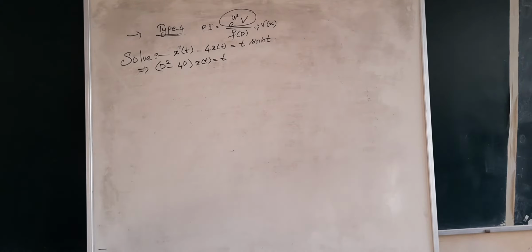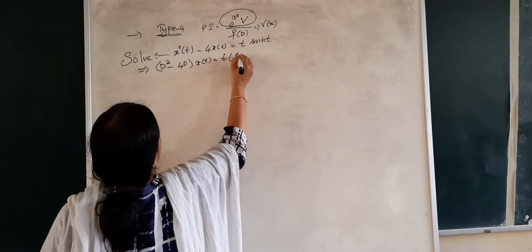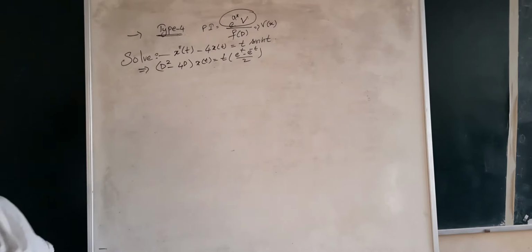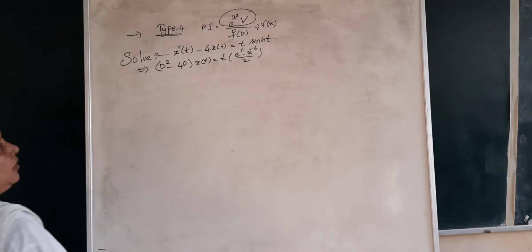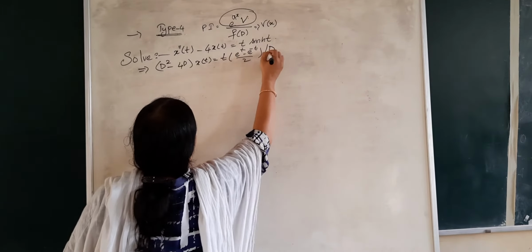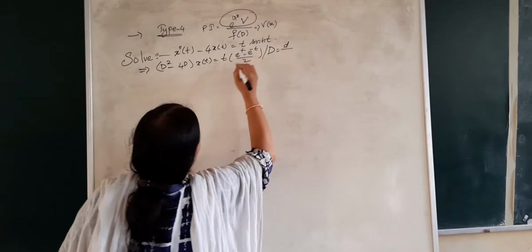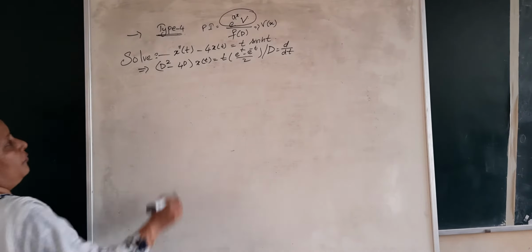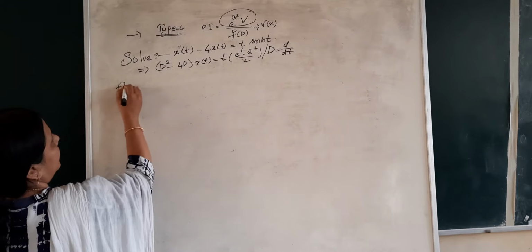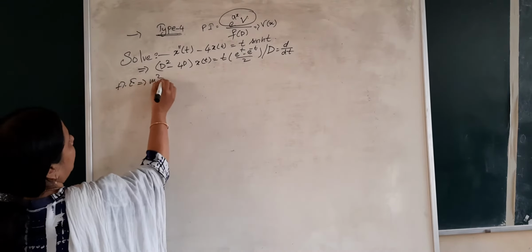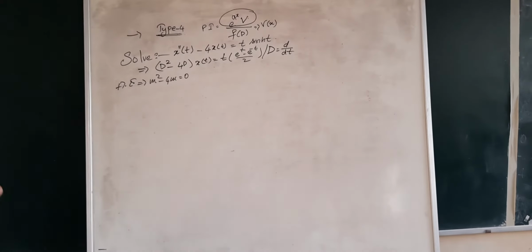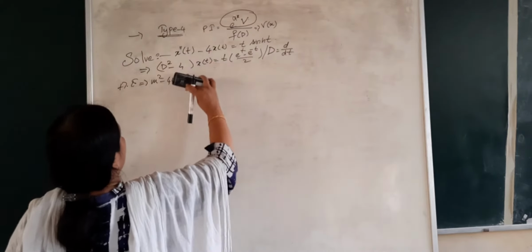What is the formula for sin hyperbolic in terms of exponential form? e raised to t minus e raised to minus t, the whole divided by 2. Here the operator D is not d by dx, instead it is d by dt. So what is the auxiliary equation? m square minus 4 is 0. There is no m term here, sorry.